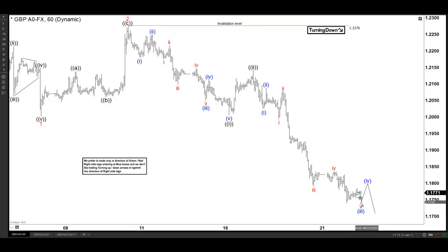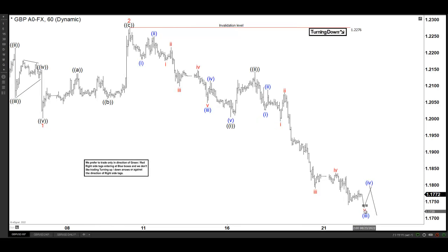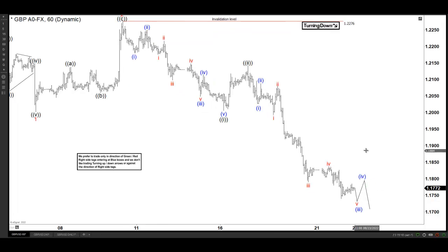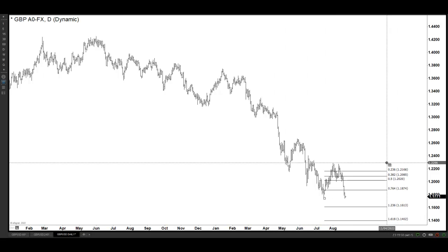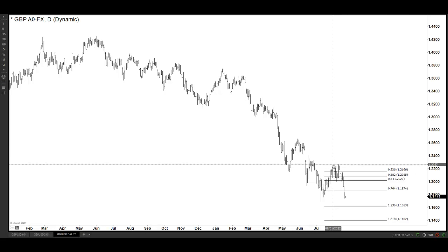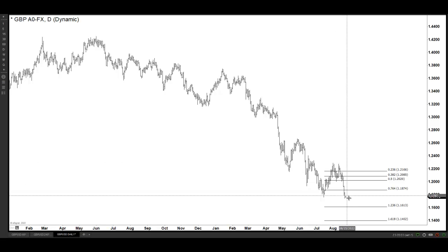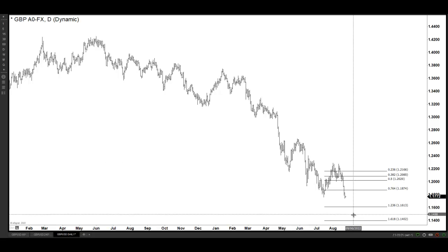So now I think that the pound is ending this cycle from here. It should be bouncing and remain bouncing and selling in a series of 4 and 5. That should take it to at least the inverse 1.236, 1.618 of the proposed wave 4 here, which comes at the 116, 114 area.